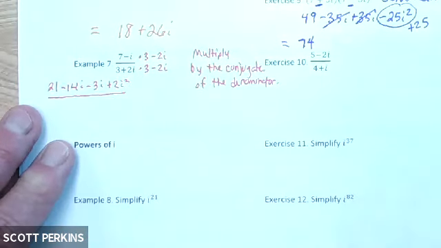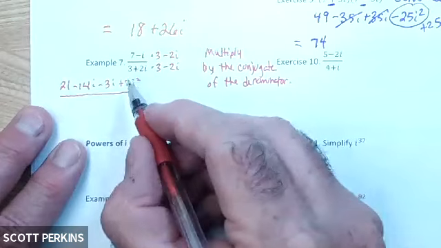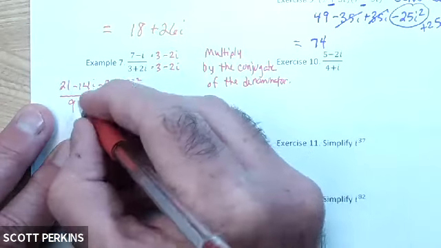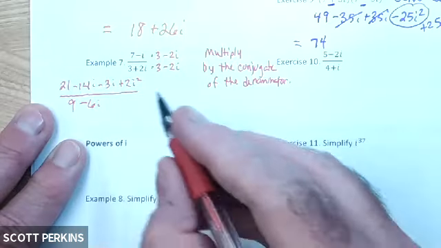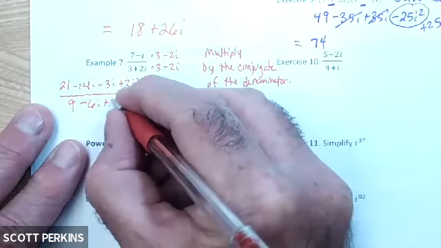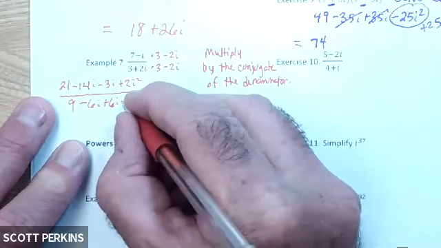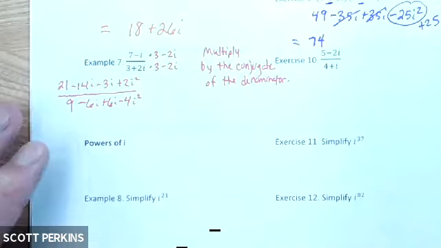In the denominator, my first, 3 times 3 is 9. My outers, 3 times negative 2i, negative 6i. My inners, 2i times 3 is plus 6i. And then finally, my last, 2i times negative 2i is negative 4i squared.